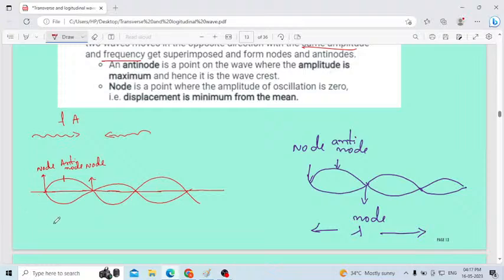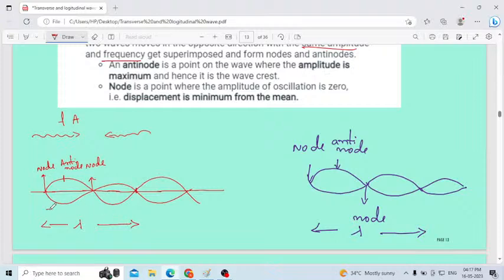Then what is meant by wavelength here? Lambda is the distance between two successive nodes. From here to here, the distance between two successive nodes, that is nothing but lambda.